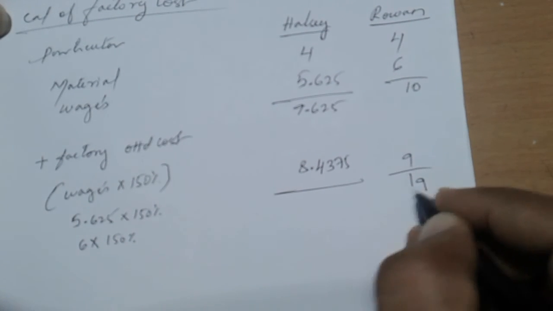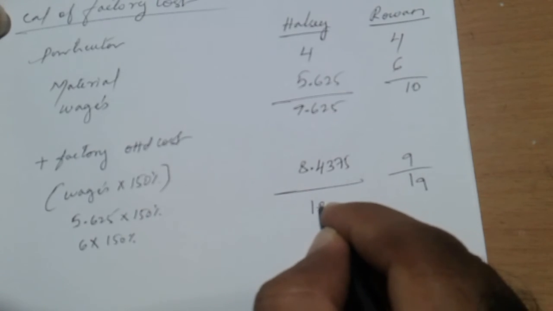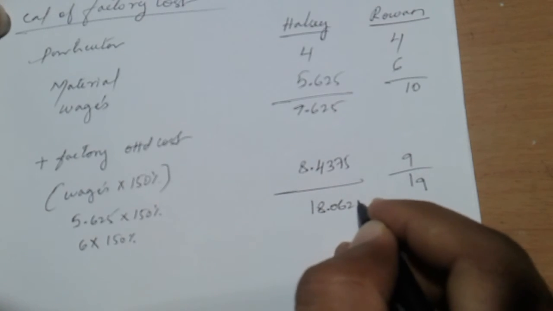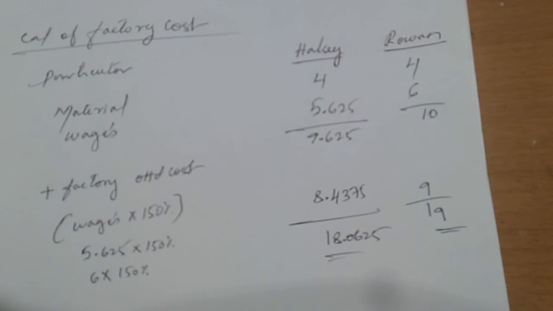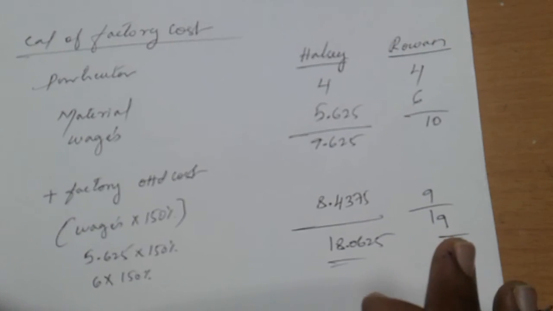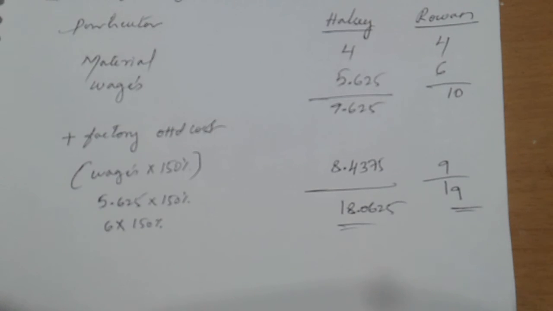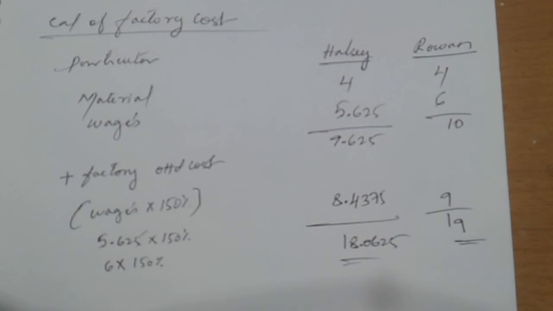So the overall factory cost is 18.0625 by Halsey and 19 by Rowan's plan. This is how we can calculate the factory cost.